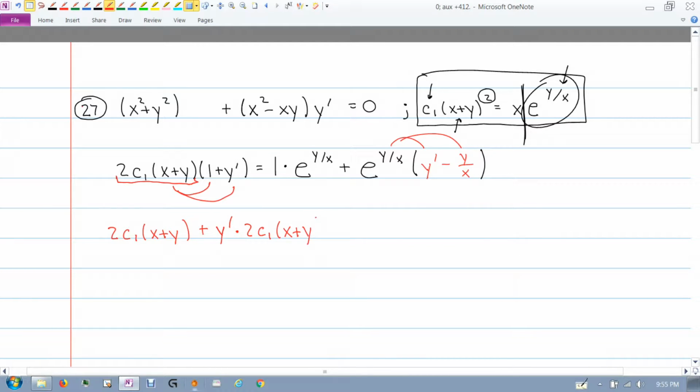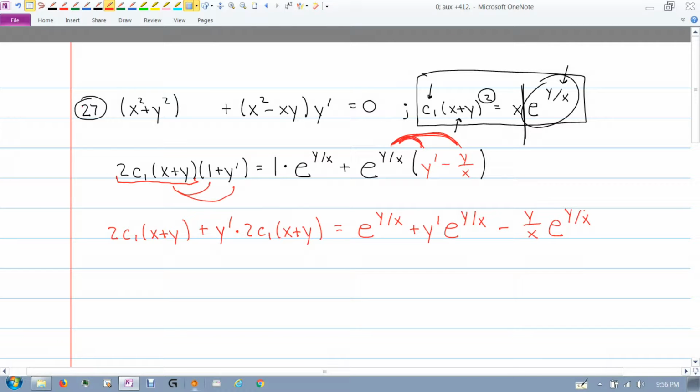I'm not going to distribute anything out, I'm just going to leave it like that. Then equals the right side, which is e to the y over x. And then now when I distribute here, I get plus y prime e to the y over x. And finally, when I distribute the second distribution here, I get minus y over x e to the y over x.